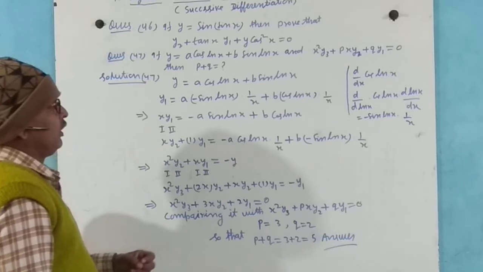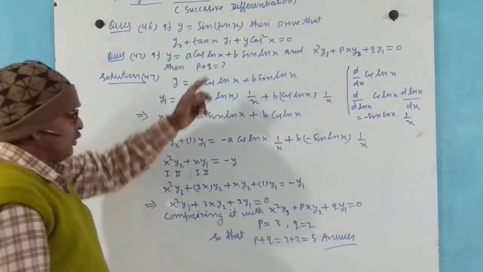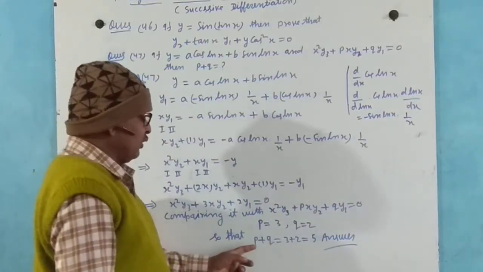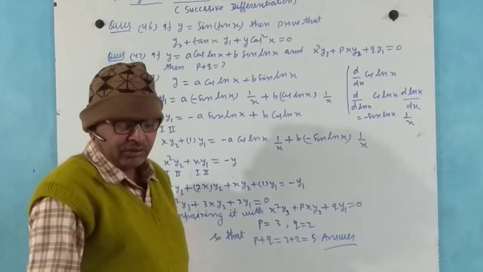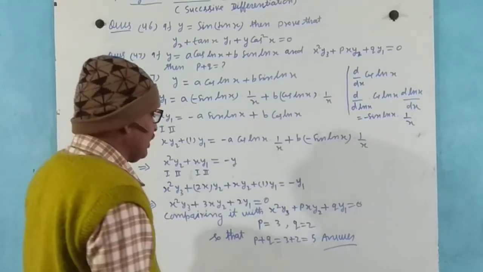We have to find the value of p plus q, so adding, 3 plus 2 equal to 5. This is our answer. Now we take another example.